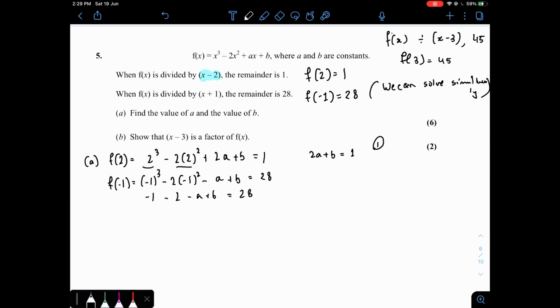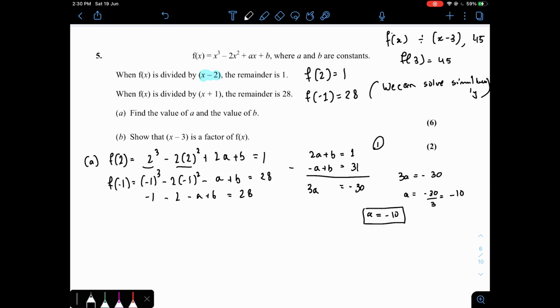When we simplify this, minus a plus b equals, minus 3 goes to the other side, 31. So now the simplest way will be to take away, so we get rid of the b's, so that will be 3a equals 1 minus 31, which is negative 30. So 3a equals negative 30, a equals negative 30 over 3, so a equals negative 10. So you can just box that up, minus 10.